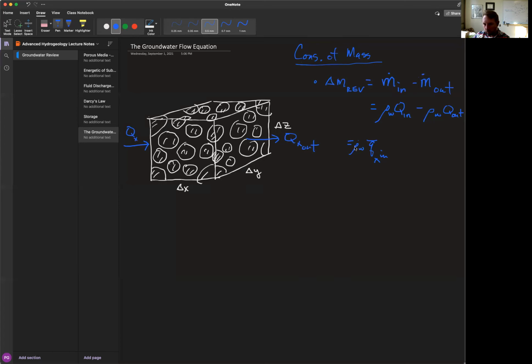So delta Y times delta Z. Minus rho water Q X out times delta Y times delta Z.